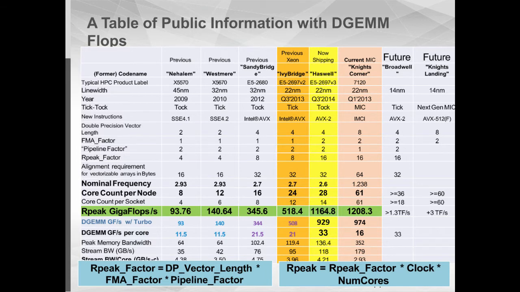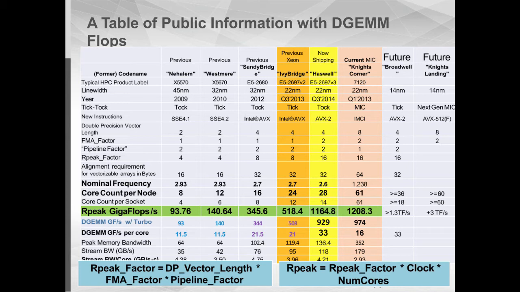So I decided that in order to really understand what I'm saying, I put some historical numbers together, for instance, that go back to 2009 up through 2014, and you see that the R peak factor, which you multiply times the number of cores and the frequency in order to get the peak gigaflops, is steadily increasing.